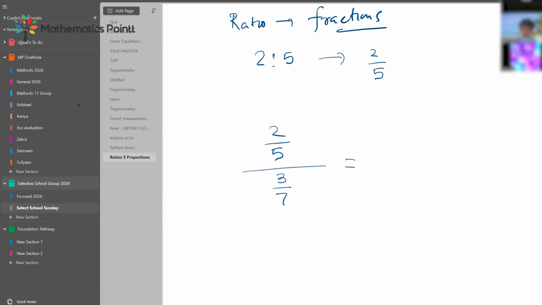Can you give me the final answer? How will my fraction look? What's the final answer for this fraction?